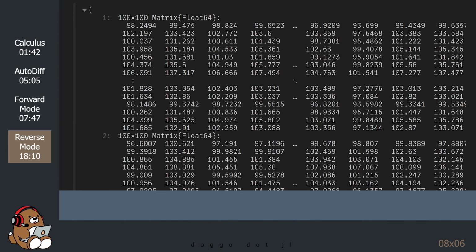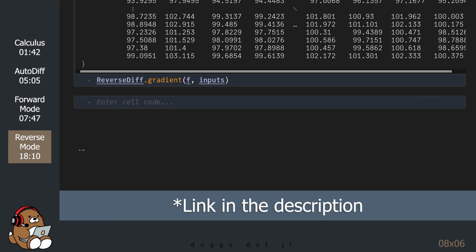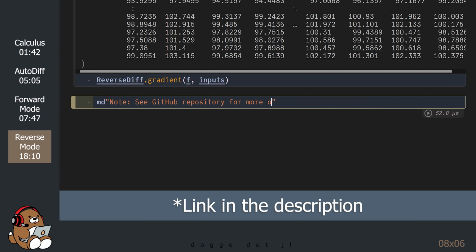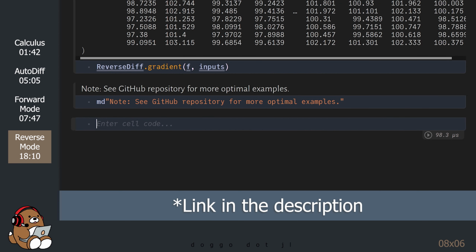On that note, I need to point out that the code that I used is not the optimal code. The example file in the reversediff.jl GitHub repo contains an optimal version of this example, which requires several more steps.